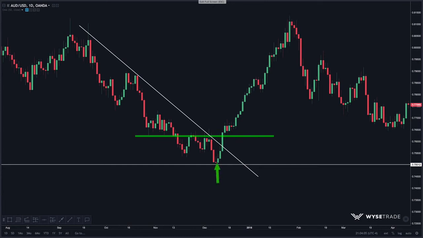So as you can see, price hits this level of key support and broke out.